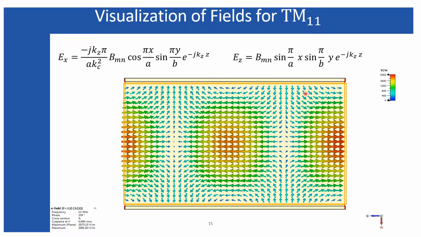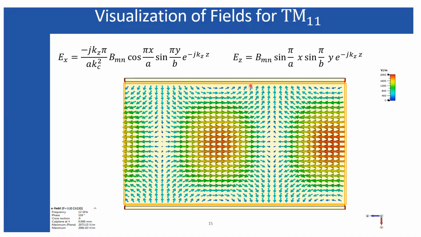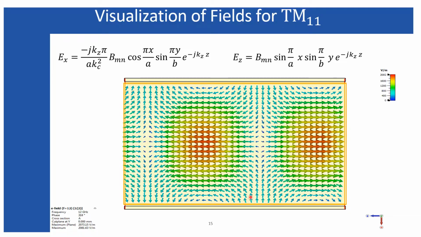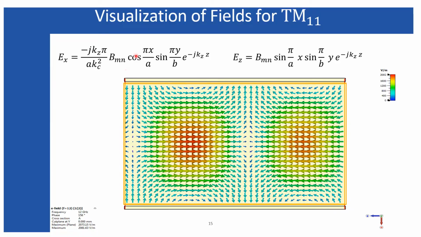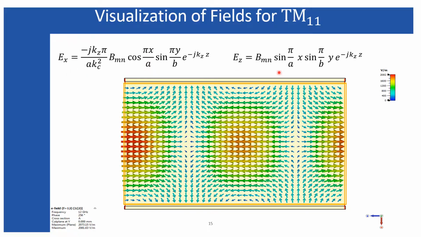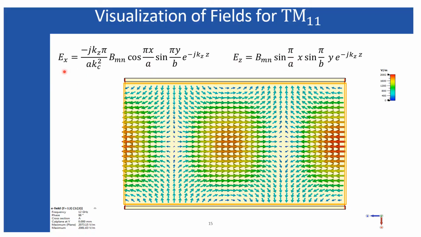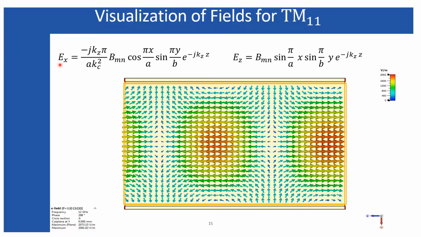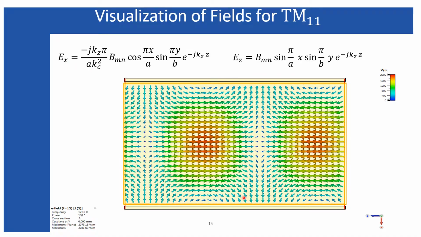But observe this rotation: at x equals 0, these vectors are rotating counterclockwise, while at x equals a, they are rotating clockwise, and that is due to this cos factor, because at x equals 0 this Ez is 0. So the derivative in the curl expression includes this Ex at x equals 0 and x equals a.